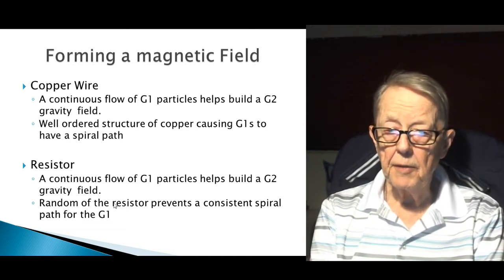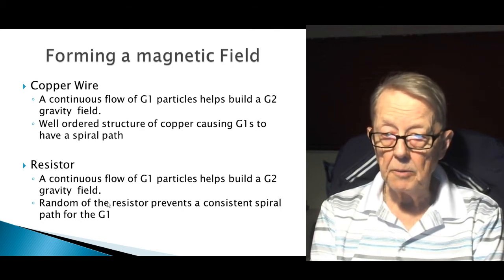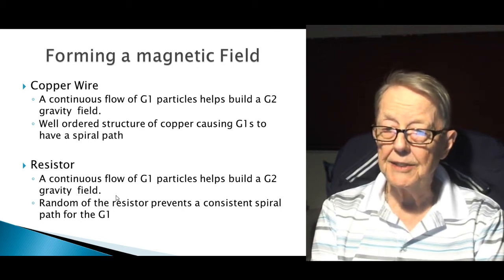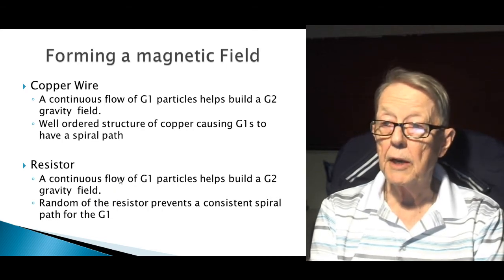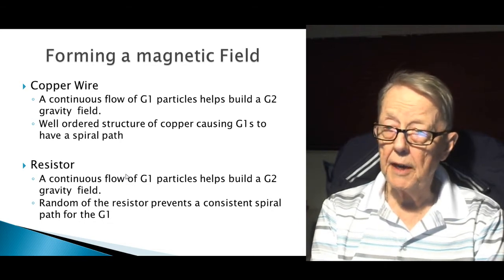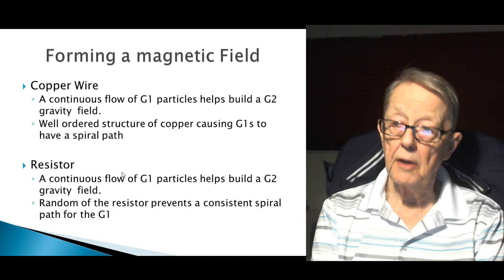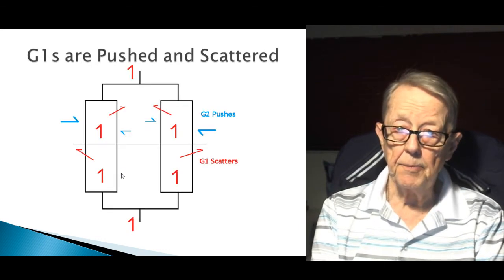And because of the randomness of the resistor, the randomness of the atoms, that prevents a consistent spiral path for the G1, consequently, no magnetic field. The concepts work together and help explain both the left-hand rule, magnetic field, and no magnetic field.